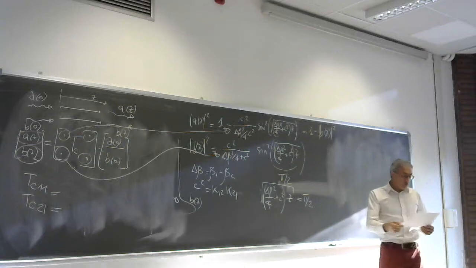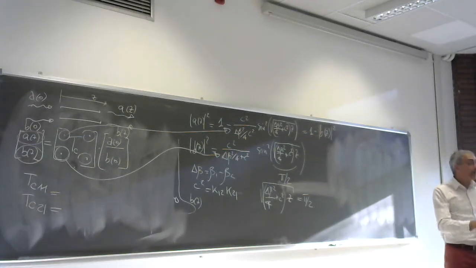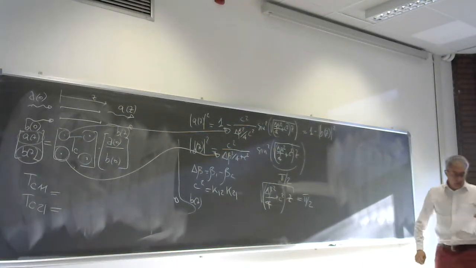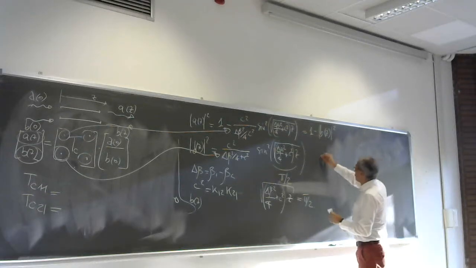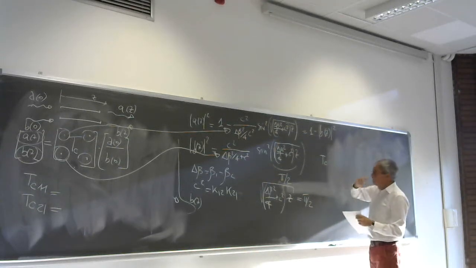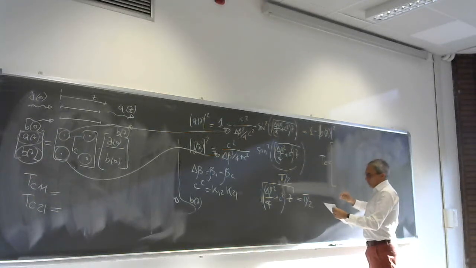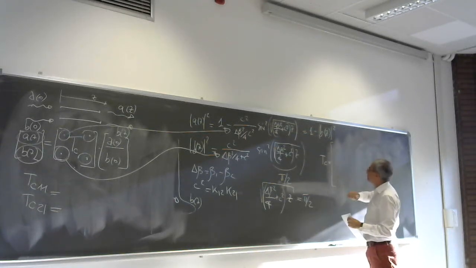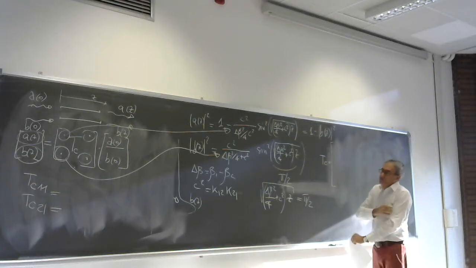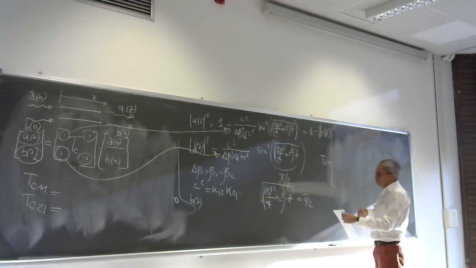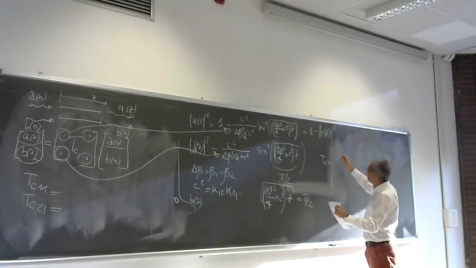And I write it in a more general case and then we simplify the notation. So the transmission matrix of the coupler is this one. There is a phase term in the front that is not very important.